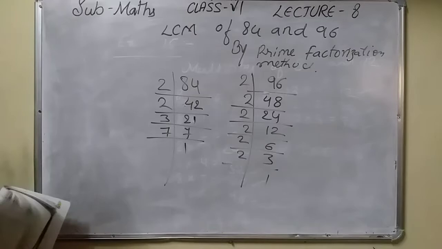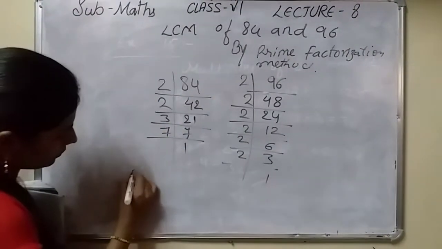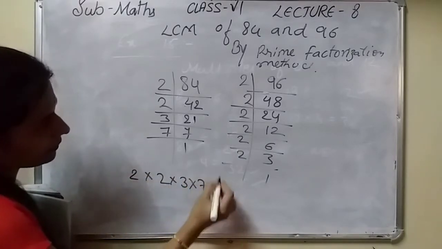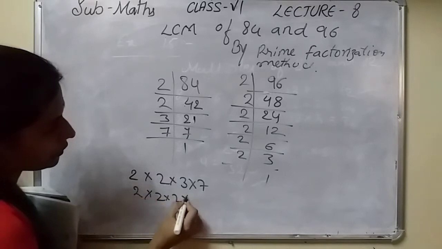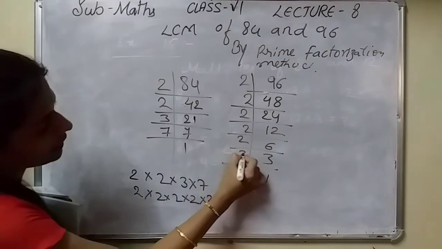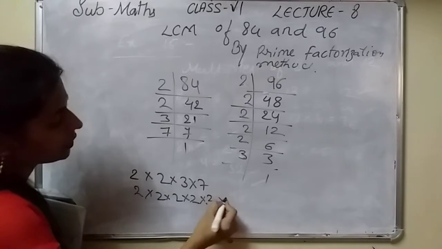Now see, which are the common factors here? The factors of 84 are 2 into 2 into 3 into 7. The factors of 96 are 2 into 2 into 2 into 2 into 2 into 3.